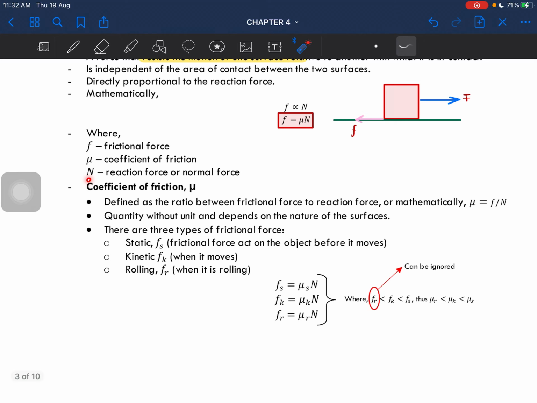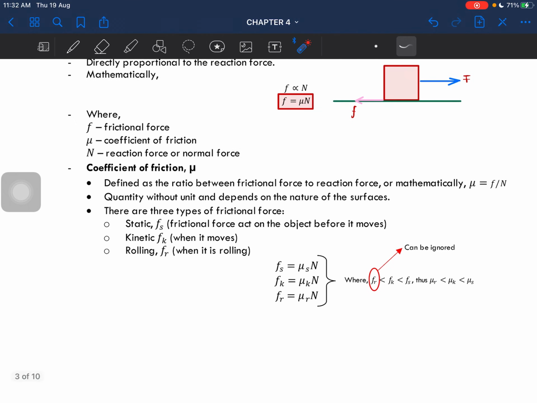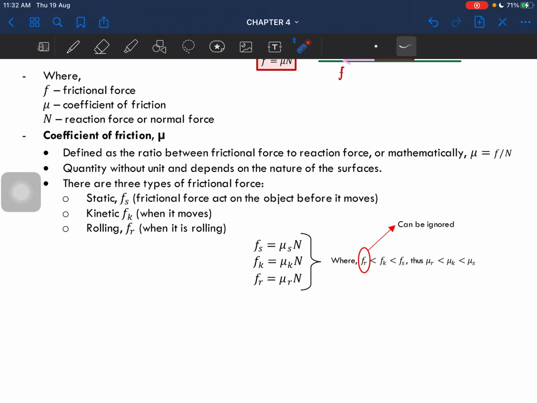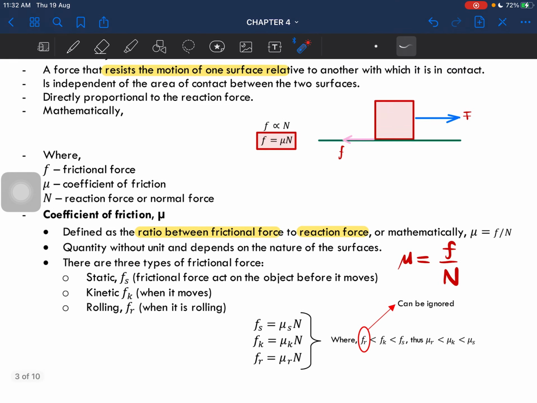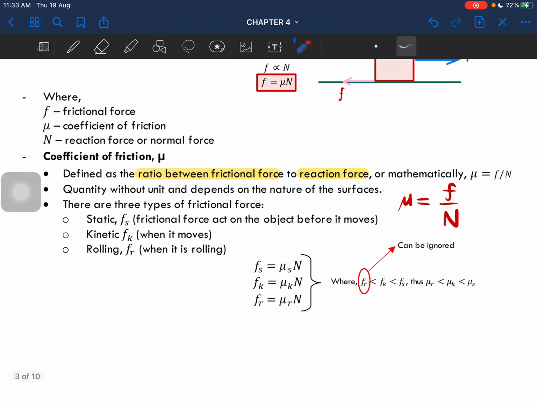And n is the reaction force, which is the one that is 90 degrees to the surface. Now coefficient of friction is defined as the ratio between frictional force and the reaction force, or mathematically mu equals F over N. So basically they rearranged it in terms of mu. This has no unit, and it always depends on the nature of the surfaces.